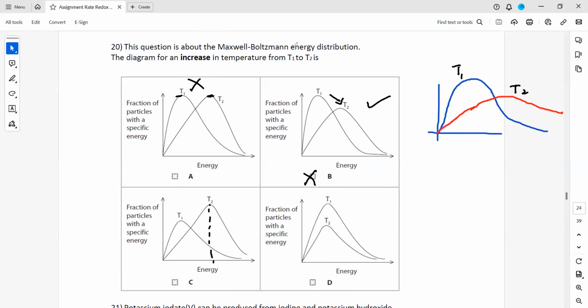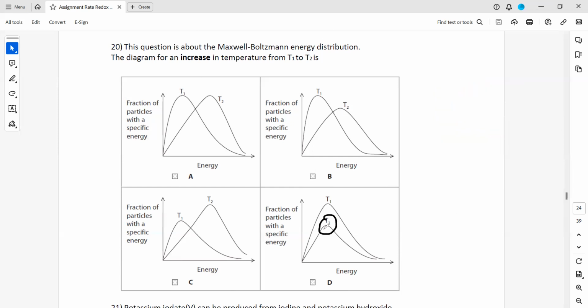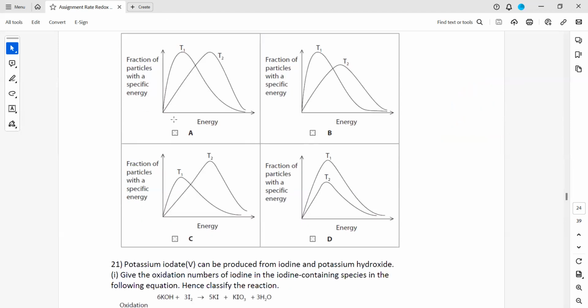That is impossible because the total area gives the number of particles, so the total area cannot change. If the width is increasing, then the height should decrease. If the height is increasing, then the width should decrease. And this also shows that at T2 the fraction of particles with energy is decreasing, which is also wrong. So B was the right answer.